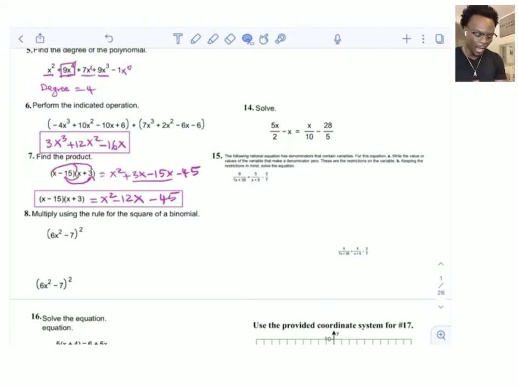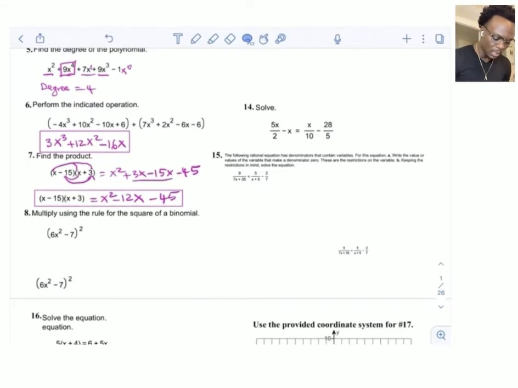In this case, for example, 6x squared minus 7 with exponent 2 means that 6x squared minus 7 multiplies itself. So 6x squared minus 7 times 6x squared minus 7. And then we apply the same principle that we applied in number 7, which is FOIL.